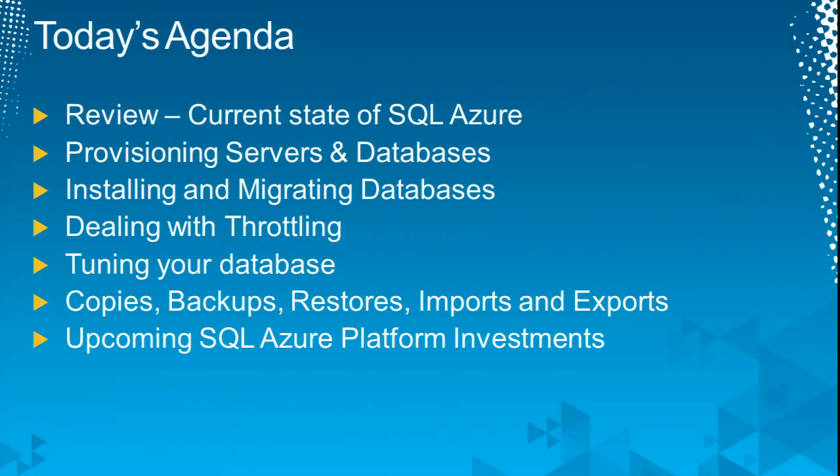And then we'll talk about throttling. Throttling is one of the things that people want to know most about. Exactly what it is, what triggers throttling, and how you can go ahead and really have a resilient application that can get around any of the multi-tenancy throttling that's built into the system. We'll then very quickly talk a little bit about tuning your database.